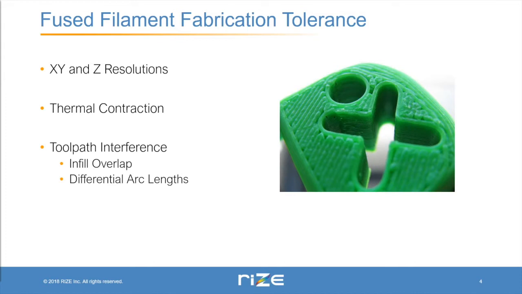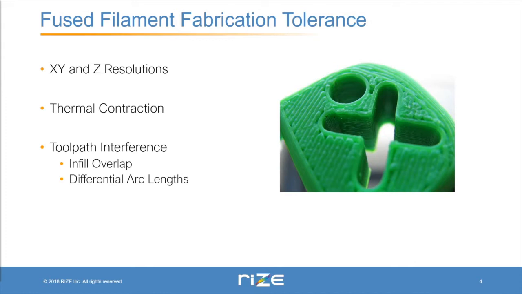However, you can't produce very fine standalone features in X and Y. That's because the extrusion nozzle often has a very high resolution in terms of being able to adjust its path very slightly to one side or the other. However, the path itself is rather wide compared to that resolution.